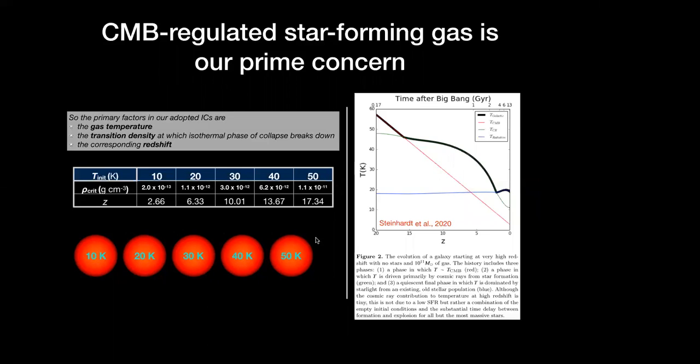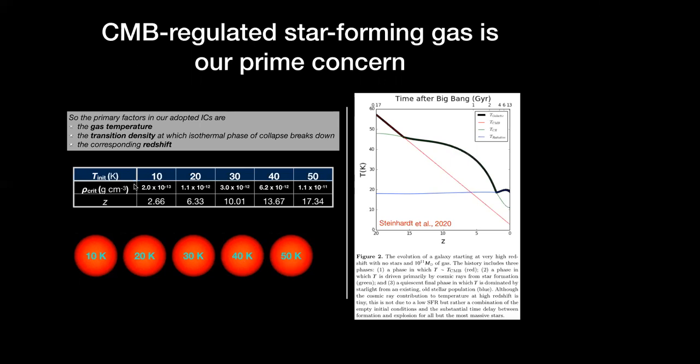The 50 Kelvin case represents a sphere of gas influenced by the CMB radiation, which sets the floor temperature. The minimum gas temperature is regulated by the CMB, which assigns the temperature of the gas sphere. So the two extremes are 10 Kelvin and 50 Kelvin.